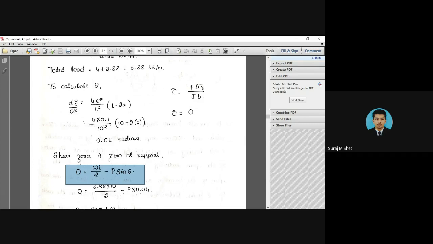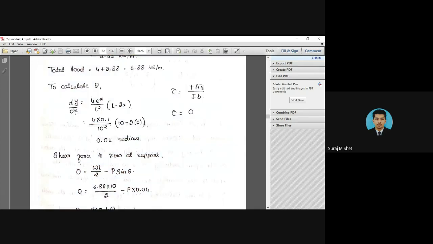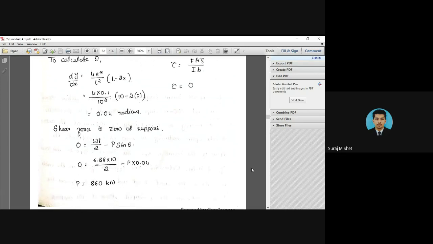I take the shear force at the support condition equal to 0, so I substitute the value of 0. We assume dy by dx is equal to sin theta, which is equal to 0.04. If you substitute all the values, the unknown value of P can be calculated. After substituting all the values, I got P equal to 860 kilonewton.